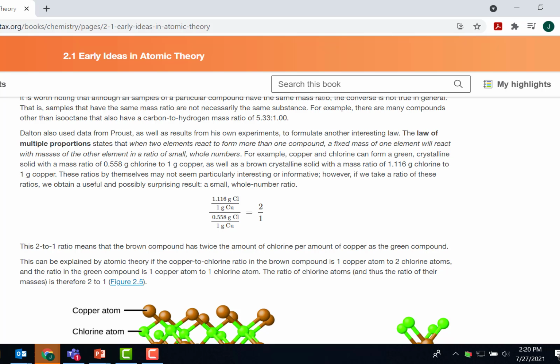Okay, so that sounds a little bit complicated. It is a little bit more complicated than the law of definite proportions. And what we're saying here is if you have more than one way to combine them, essentially they combine in a way that makes a whole multiple.